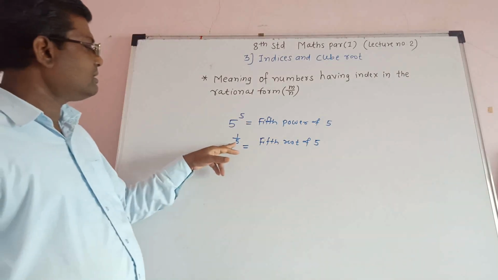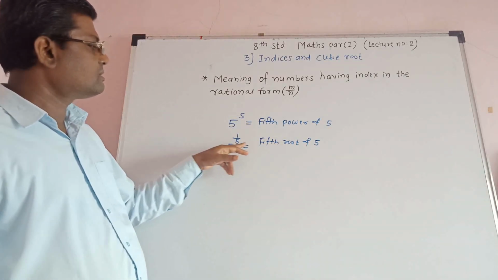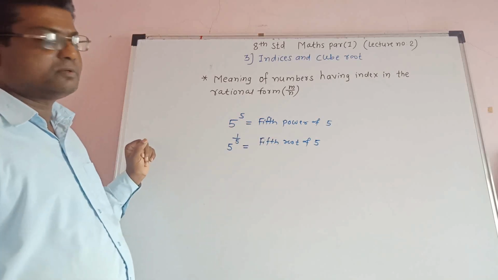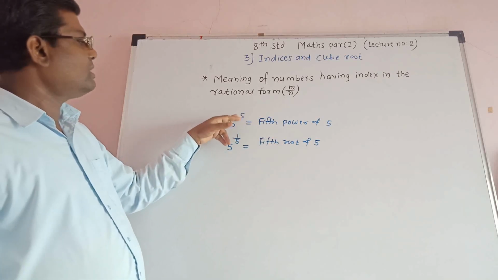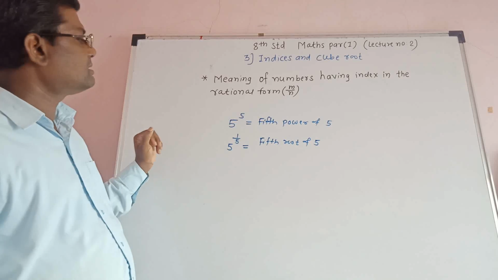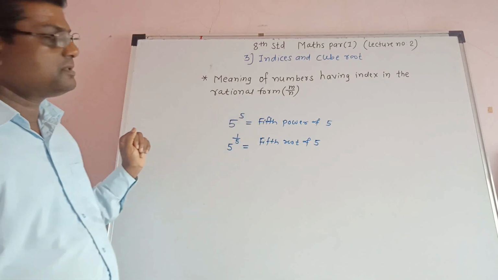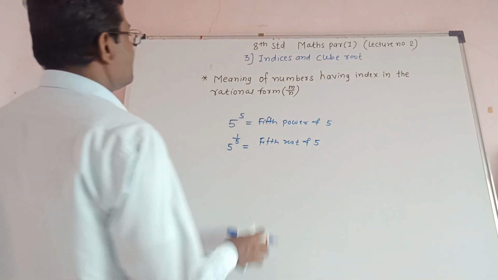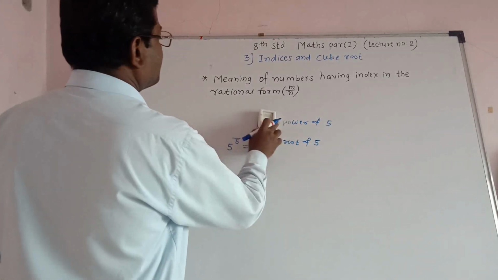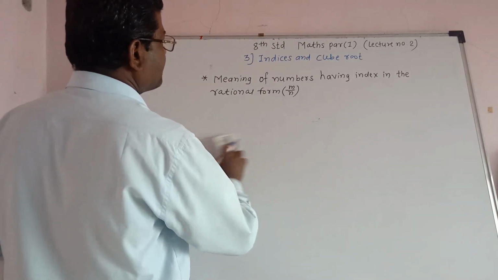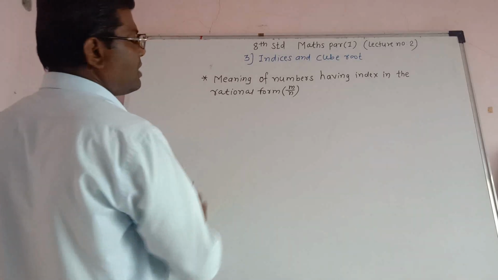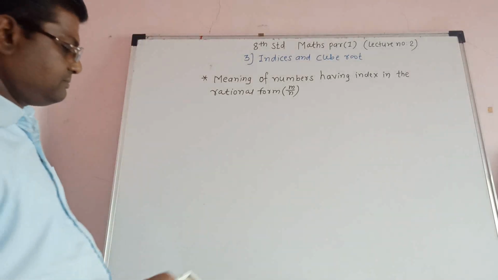So the number in the denominator shows the root, and if there is only an integer, it indicates the power, the fifth power. Now let us study the index in the form of m upon n.